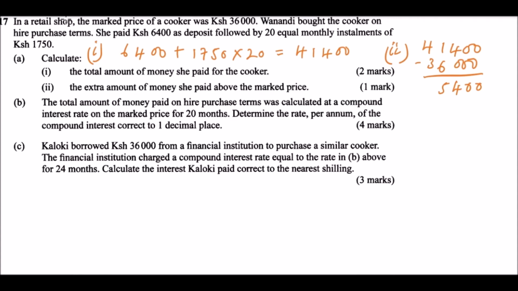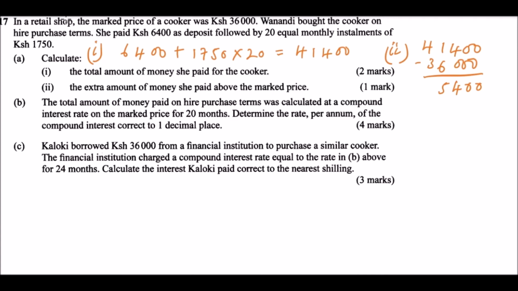Part B, the total amount of money paid on hire purchase terms was calculated as compound interest on the marked price for 20 months. Determine the rate per annum of the compound interest correct to 1 decimal place. So we use the formula for compound interest.